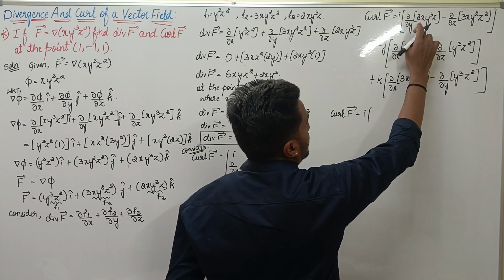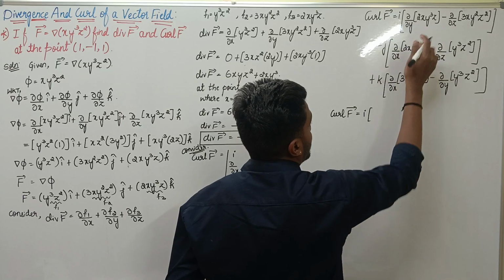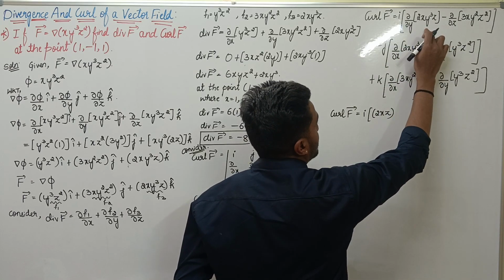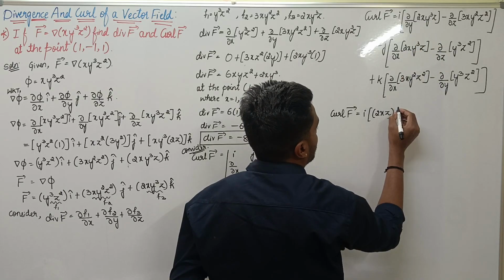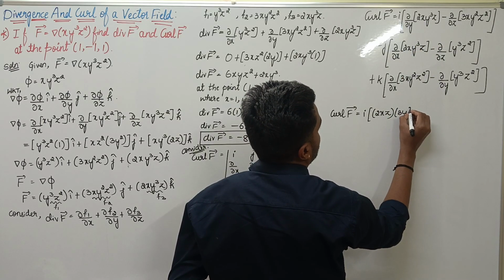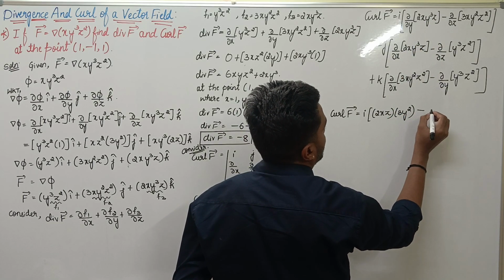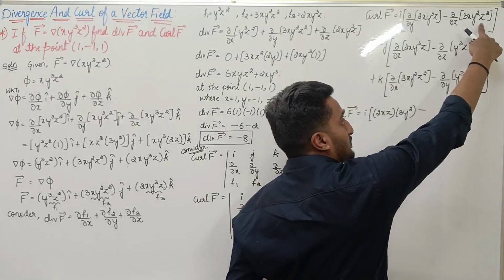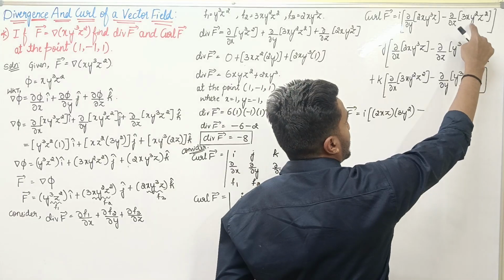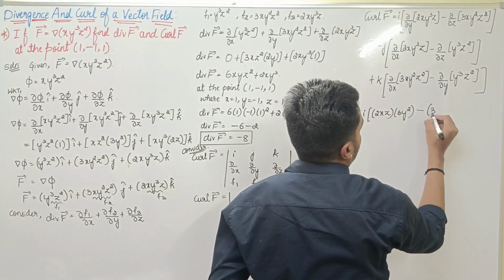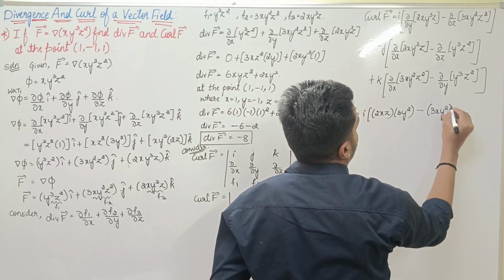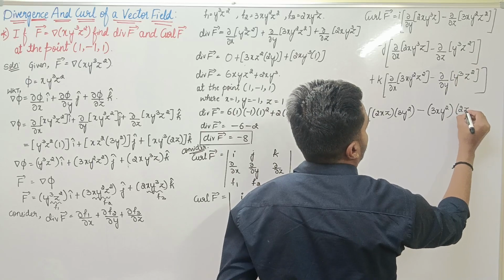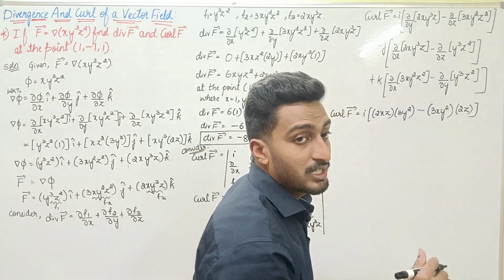see we have y, 2xz remains constant, differentiation of y³ with respect to y is 3y². Got the point? Minus, now differentiate with respect to z. I have z, 3xy² remains constant, differentiation of z² is 2z. Completed with respect to i? Yes.